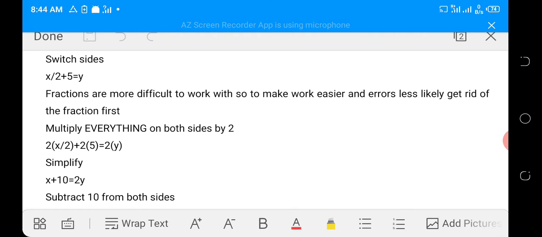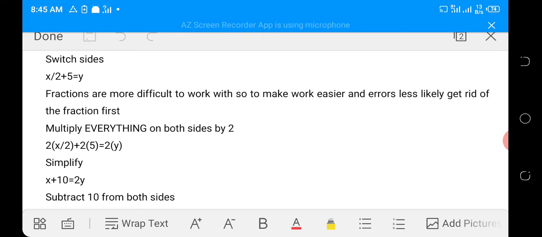Before we switch sides, let's get rid of division by 2, which is on x. To undo this division by 2, we multiply every term in the formula by 2.